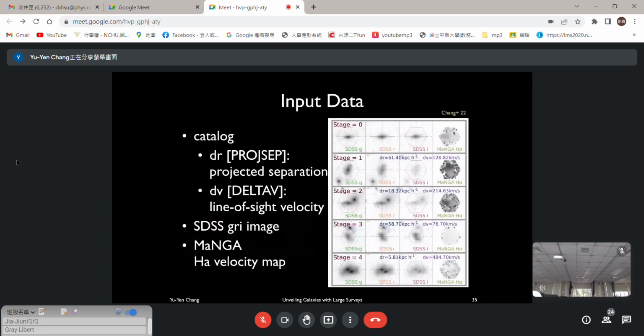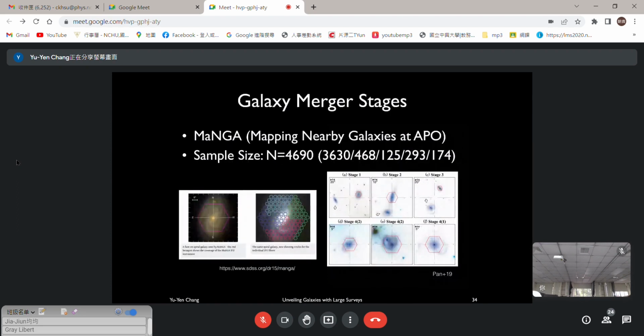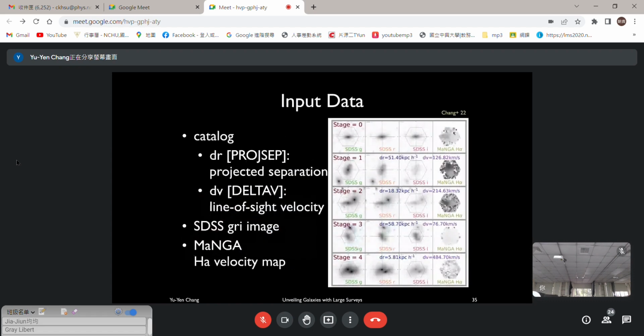In our work, we use very similar information to what people use for visual classification in the previous work. The input data are a catalog which contains the projected separation and the line of sight velocity, dr and dv here. As you can see in the right part, we have these numbers from the MaNGA survey. We also use SDSS images in gri bands.